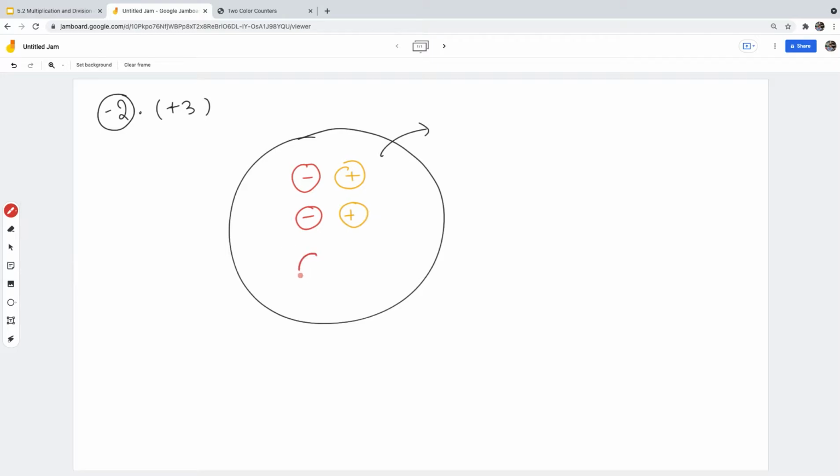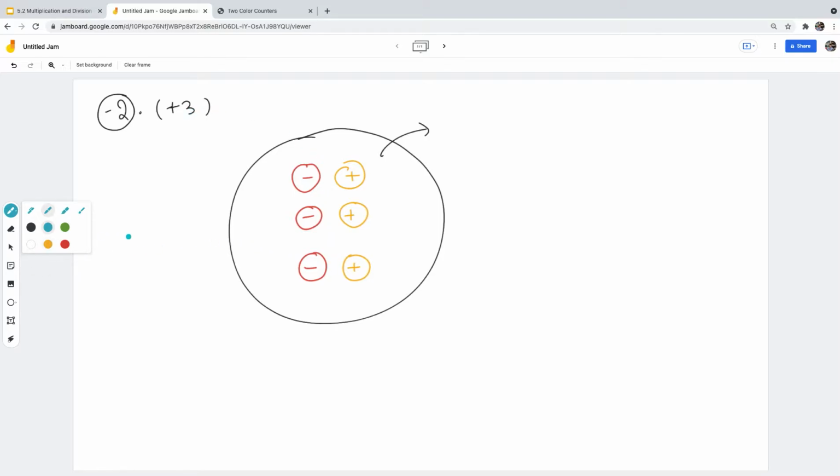And if I have another red chip and put another positive chip there, it's still 0. So no matter how many red chips I put in, if I match that up with the yellow chips, it's still 0, right?